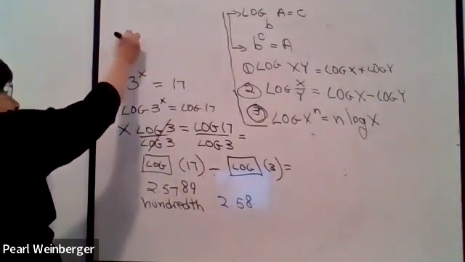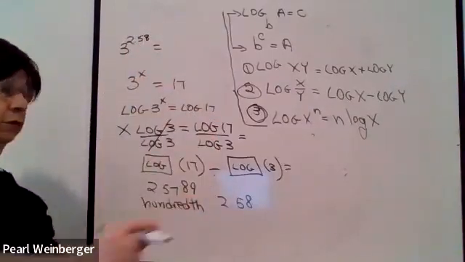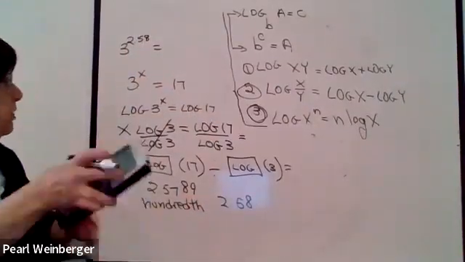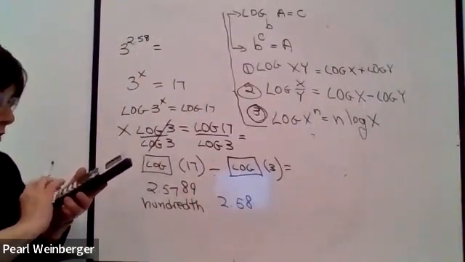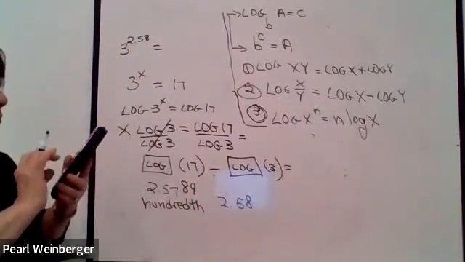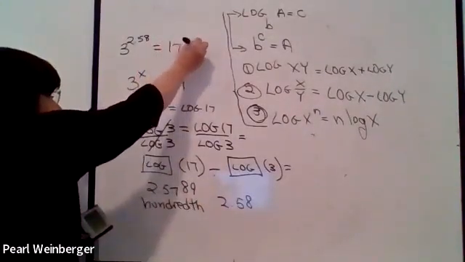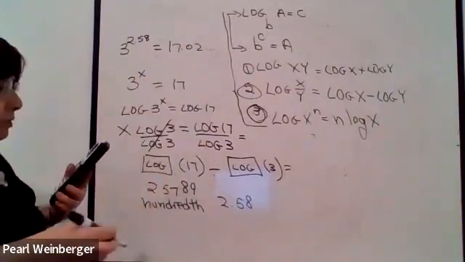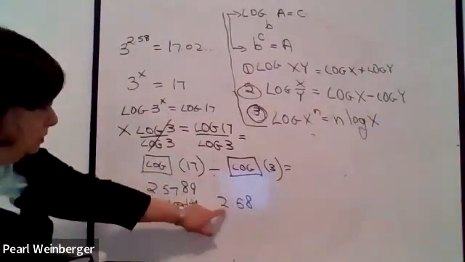And you could check it. 3 to the 2.58. If you do it on your calculator, you do have an exponent button. 3 exponent 2.58 gives me 17.02, etc. The reason it's not exactly 17 is because I rounded this.